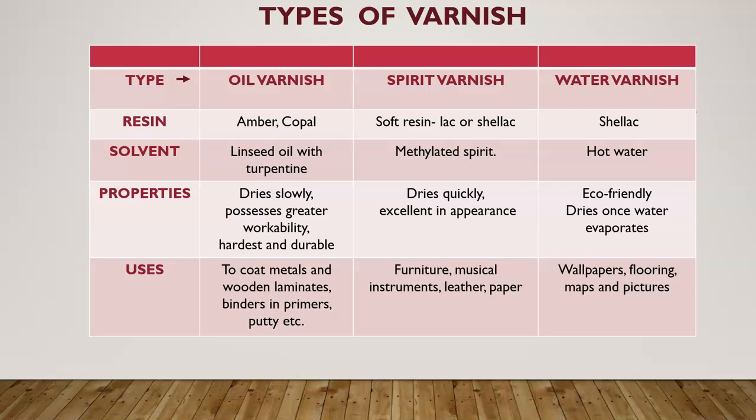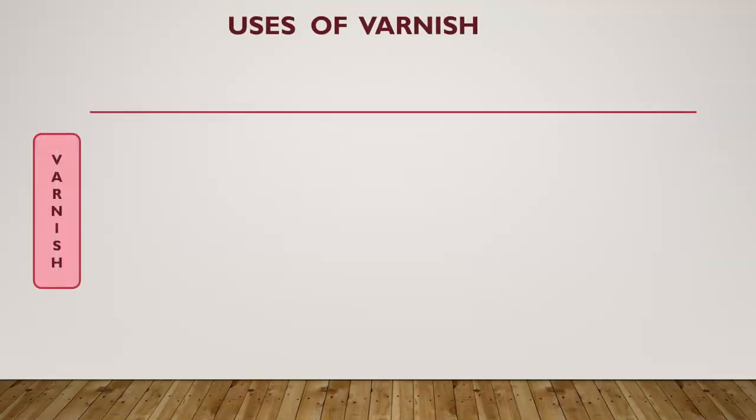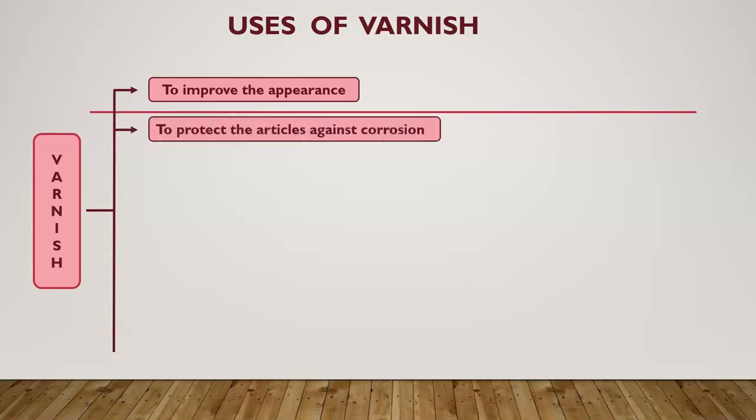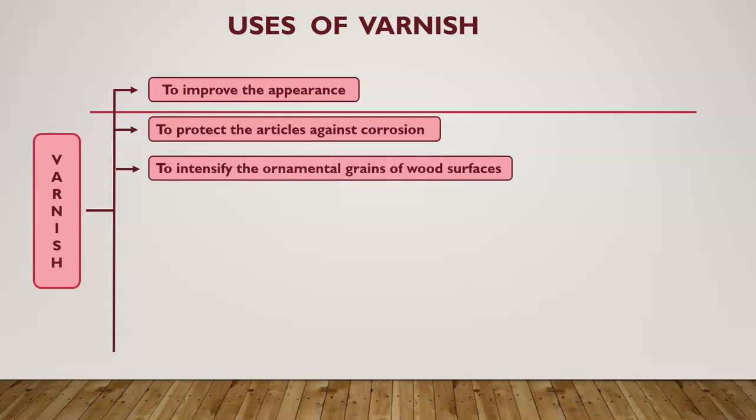There are different uses of varnish. Where are they used? They are used to improve the appearance of the article on which it is applied. Varnish is used to protect the articles against corrosion. Varnish is also used to intensify the ornamental grains of wood surfaces.